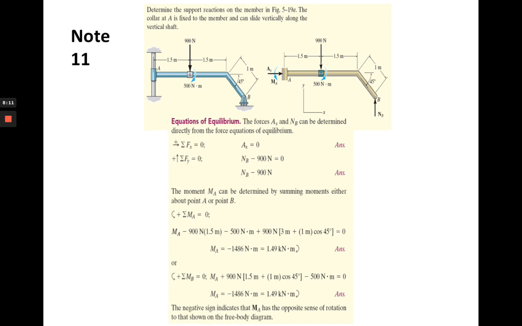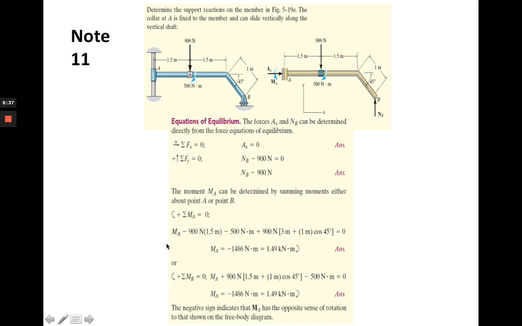Therefore, I no need to consider because I know the answer will be 0. However, for moment, still remember previous video, the moment is free from any point. It's free from any point because for a moment, the distance is already considered. So even though you're taking moment at point A, if there is any external or reaction moment happening at point A, you have to include it also.